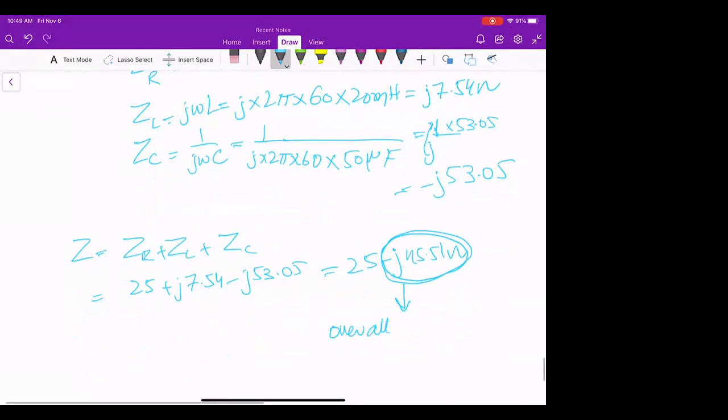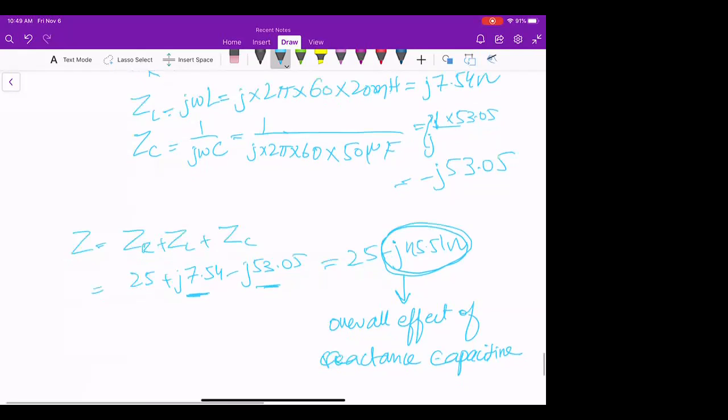But in the overall circuit, if you see that the reactance has a negative in it, you will say that the overall effect of reactance is capacitive, because the capacitor is dominating the inductor part. The inductor part is small and the capacitor part is large, that's why it is showing you negative reactance.